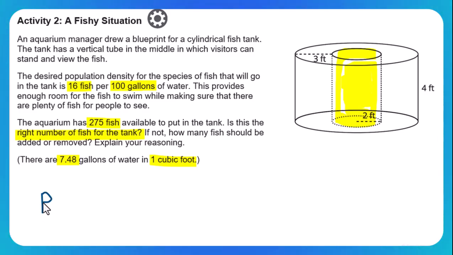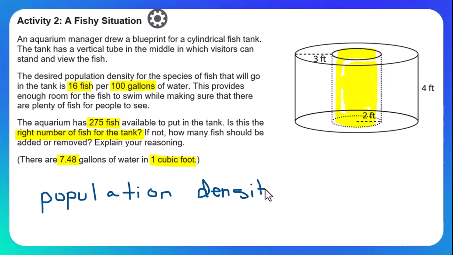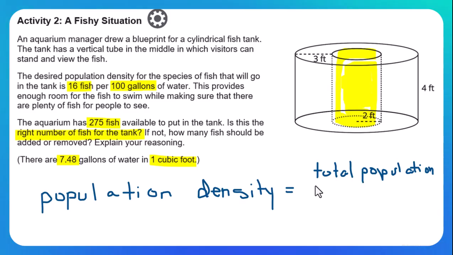Okay, population density, sorry, I'm writing with my mouse, is equal to the total population divided by or over the area or volume.